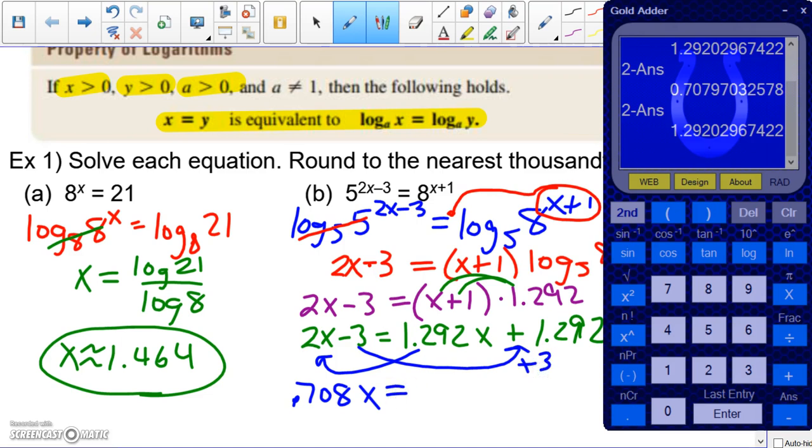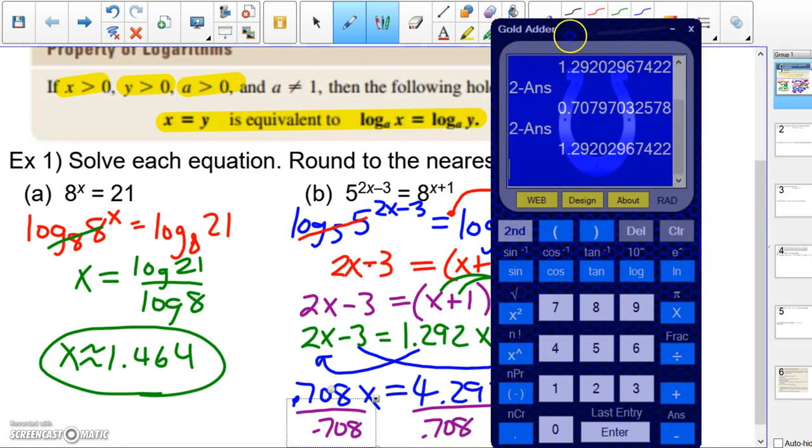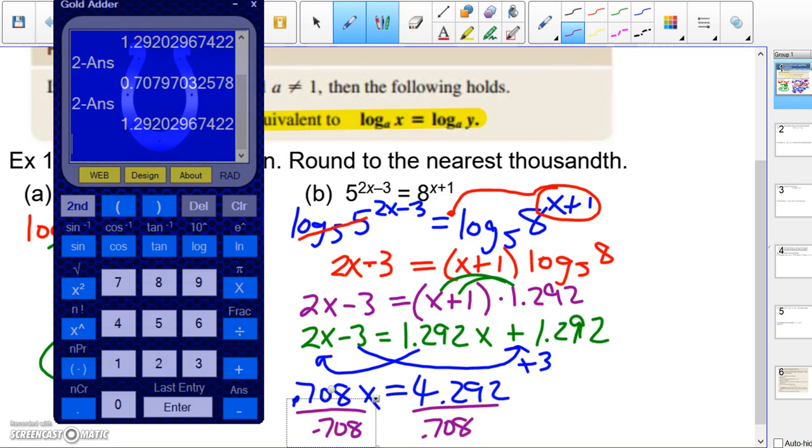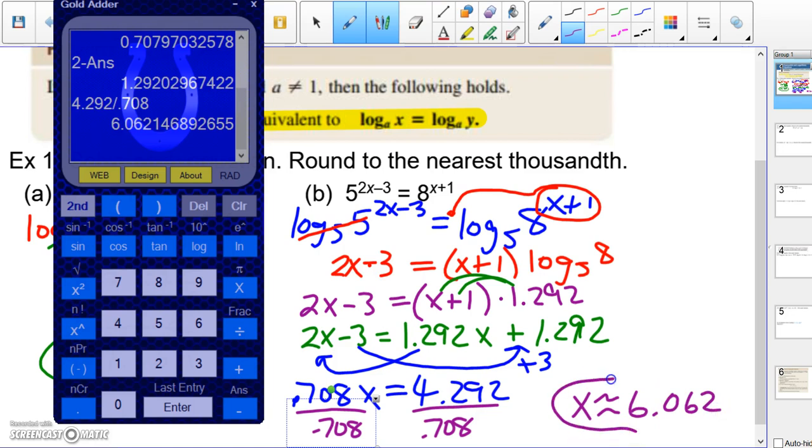And so that's going to equal 4.292, I guess. 4.292 divided by 0.708. We're just doing plain old algebra. Divide both sides by 0.708. X is approximately 6.062.